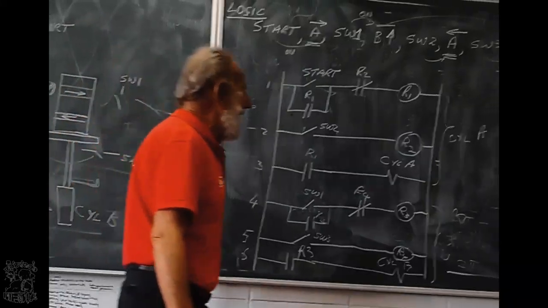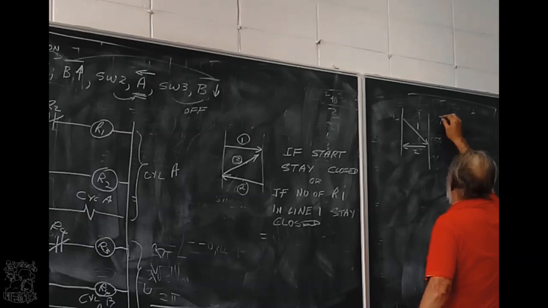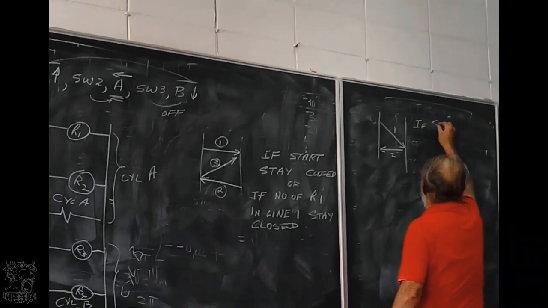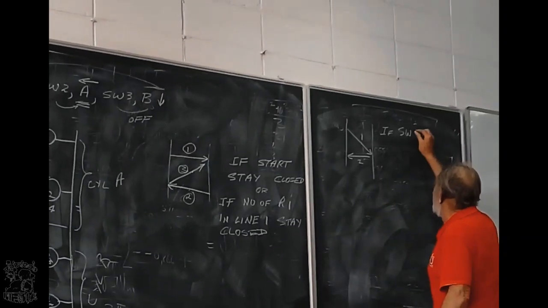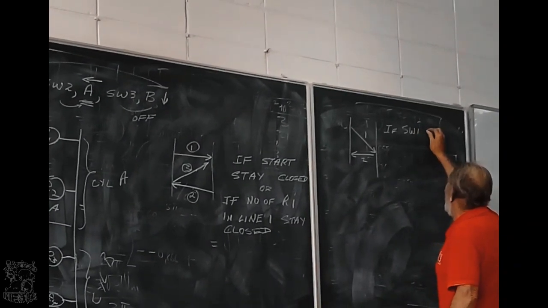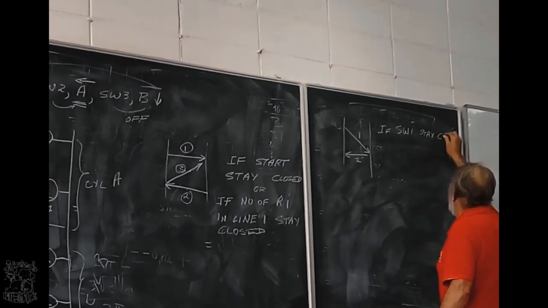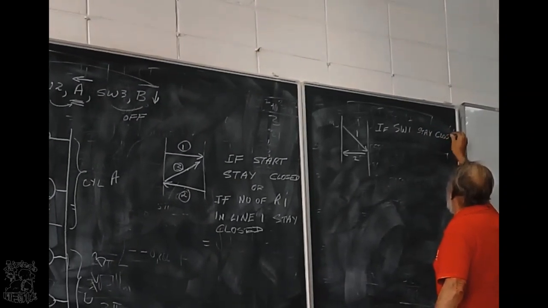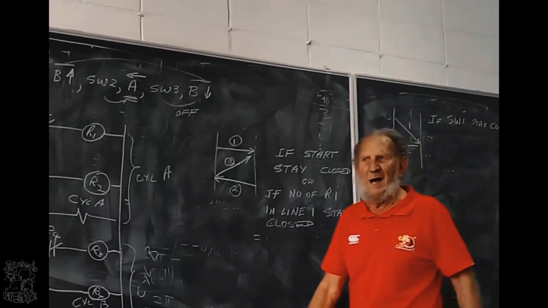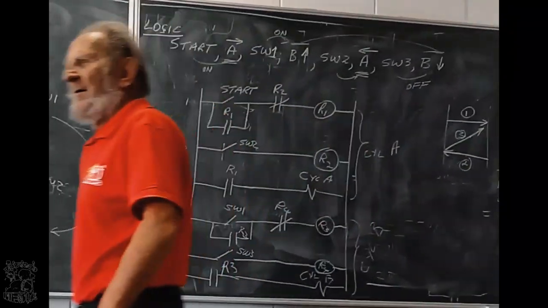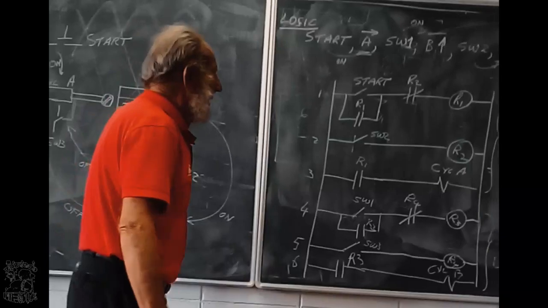That will be if switch 1 stays closed. The first groove will be cut at an angle down, top left to bottom right.